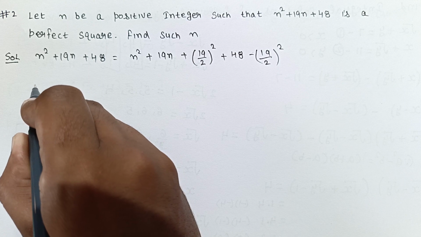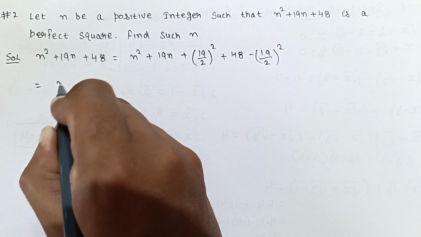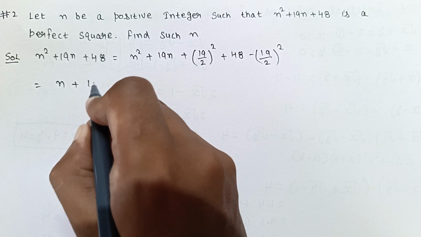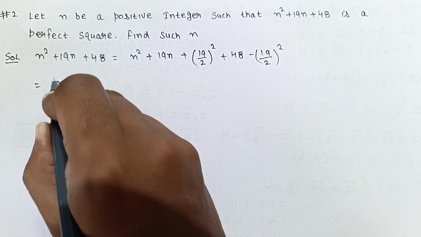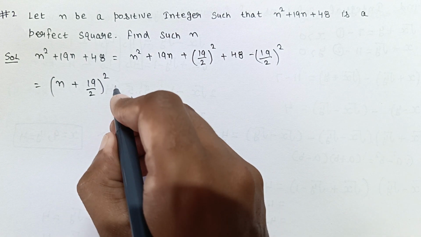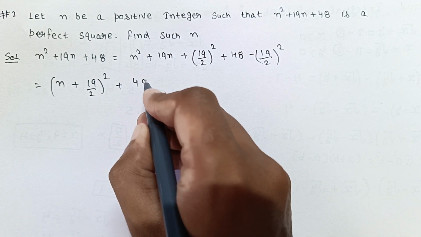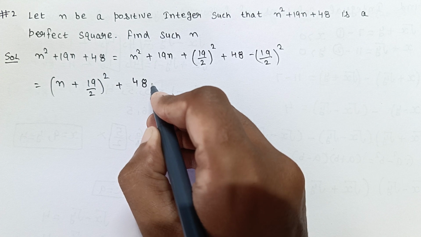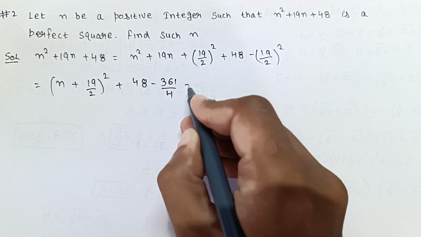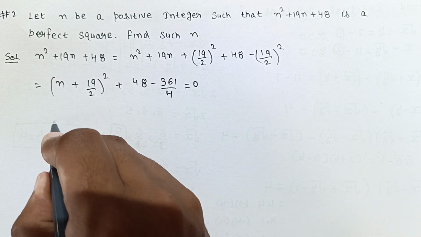Now it can be written as n plus 19 by 2 whole square, and we solve the remaining part, which becomes 361 divided by 4, equals 0.